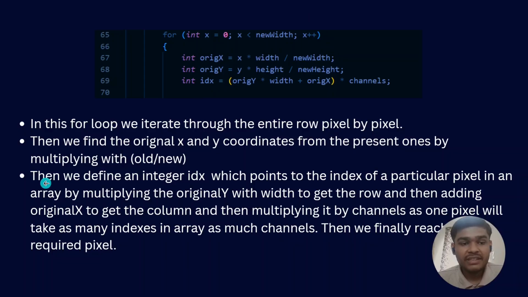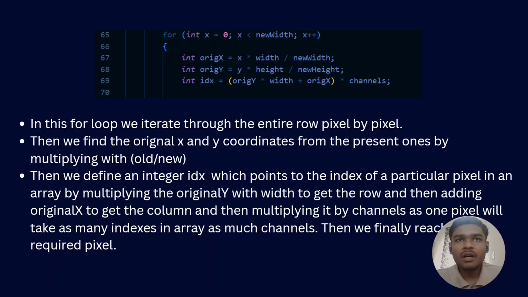So we need to find the original x and y coordinates of the array to get the pixel data. For this, we define an integer idx, which points to the index of a particular pixel in the array, by multiplying the original y with width to get the number of rows. An image has rows and columns. The original y coordinate tells us which row we are in, and width tells us how many columns we have in each row.